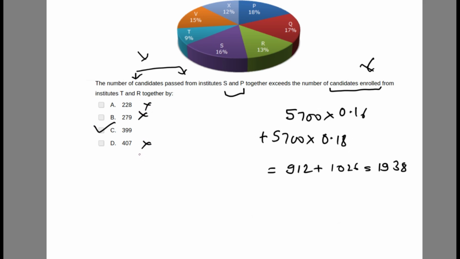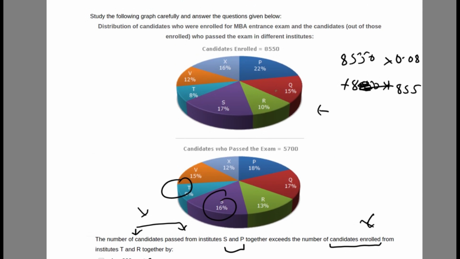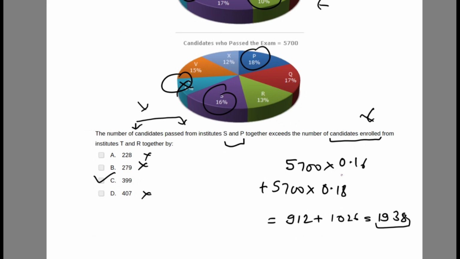So again, what I did in this question is very easy. I found the number of candidates passed in S and P institutes and then added them. The total is 1938. And then candidates enrolled in institutes T and R. Oh, sorry, in this I choose the S and P, 16% and 18%.